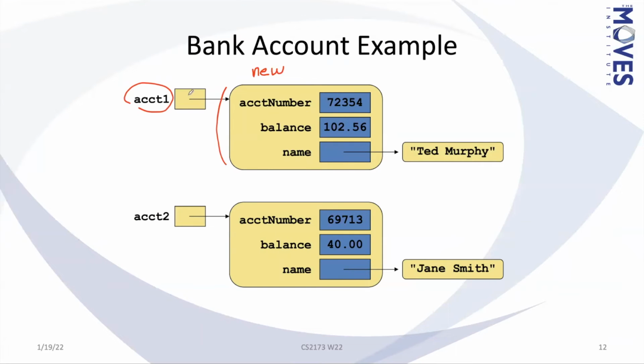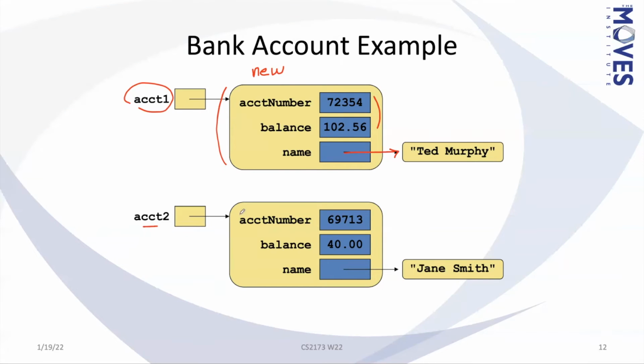Okay, so what this expands a little bit is that because the account number and the balance were both primitive values, just the value was stored somewhere. But name was a string, and string is an object, and so the name variable itself was likewise just a reference to a string object that was somewhere else.